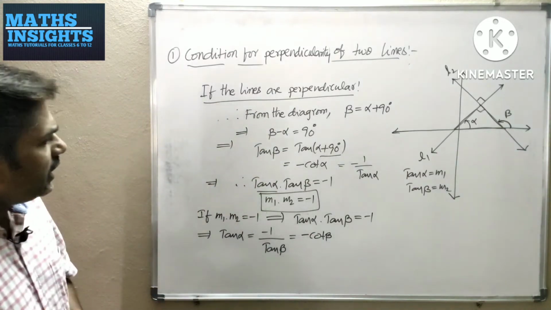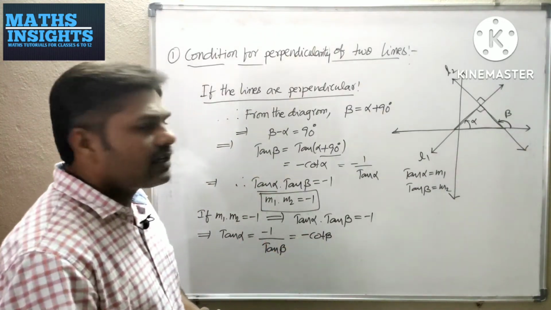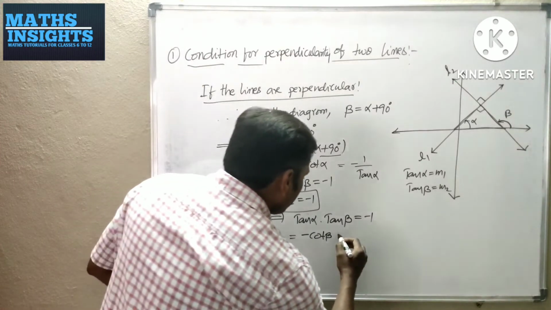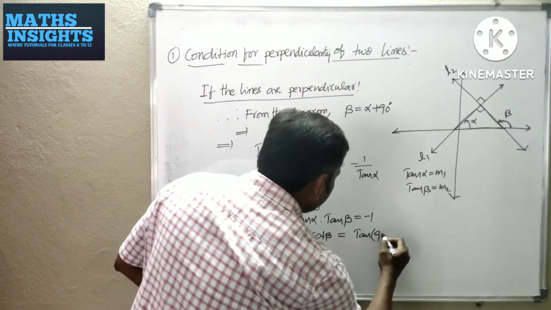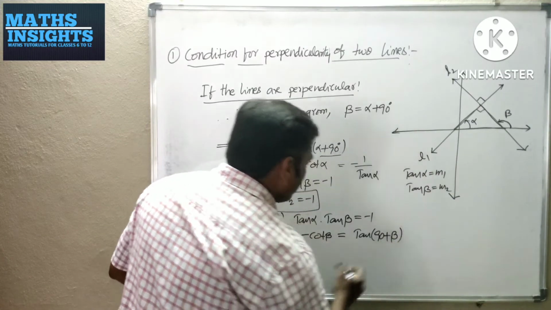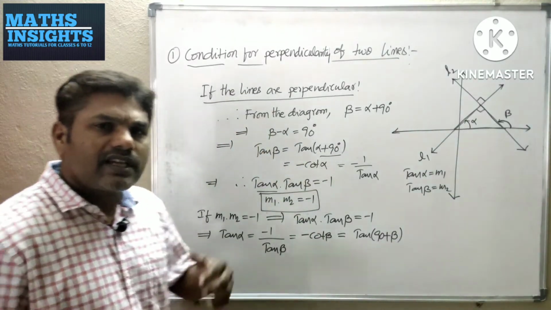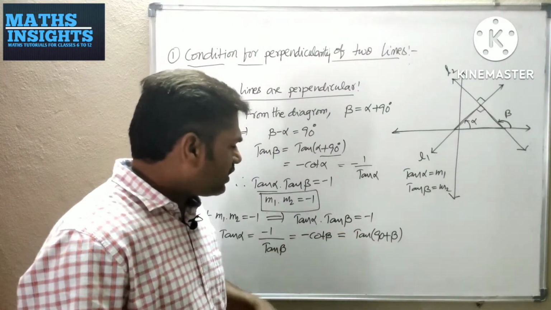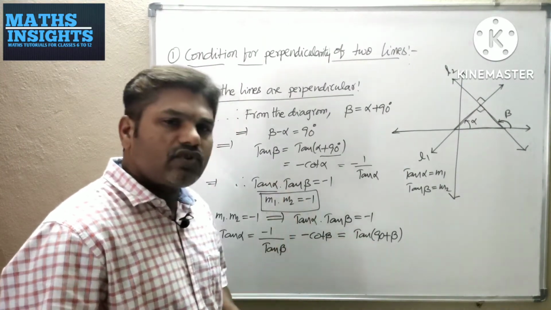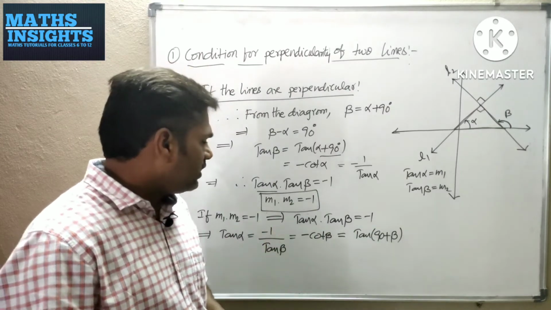This cot beta can be written as tan 90 plus beta. Why? Because 90 plus theta is in the second quadrant. In the second quadrant, cot as well as tan are negative, that means they will get the opposite sign.